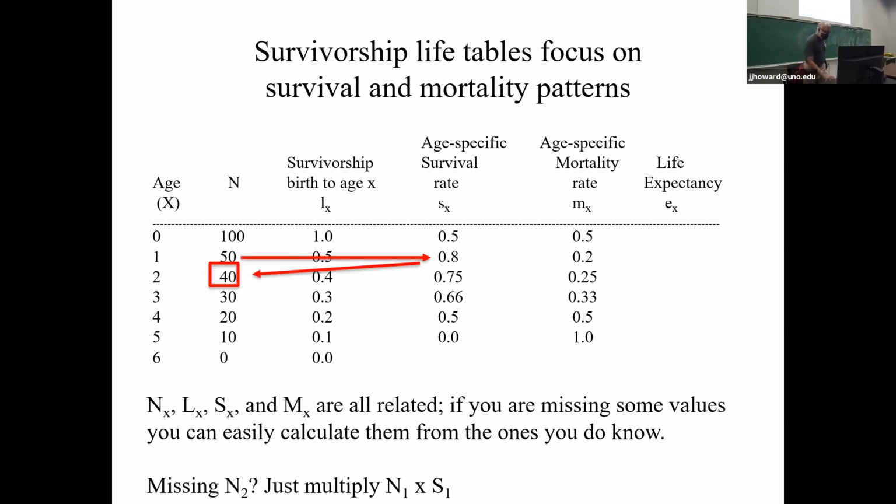So that's one way. Here's another way. L2 is the proportion of newborns that survived to age 2. If you know what the fraction L2 is, and you know the number of newborns, just multiply it. And once again, you get 40. So anything that's missing in this table, not including life expectancy, which is a little more complicated, these 3 columns are really, really easy to generate from one another.